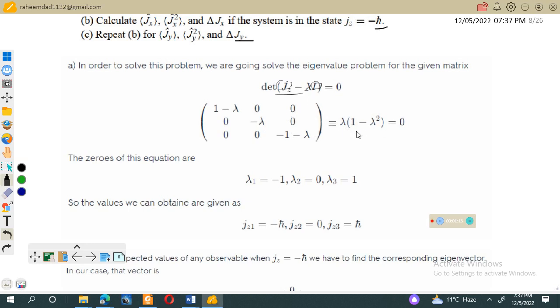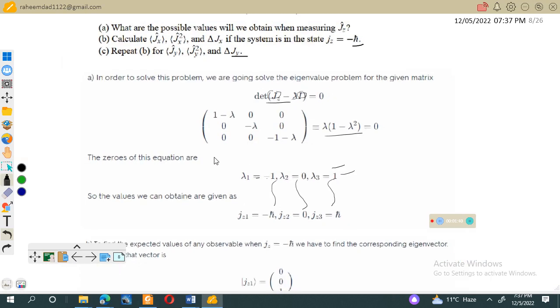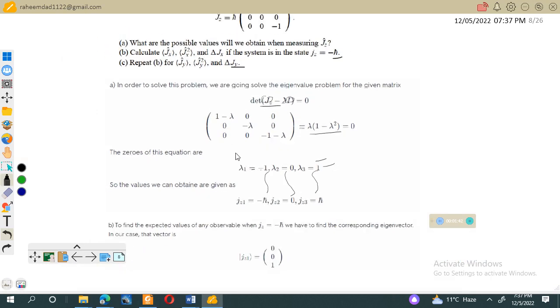So this will give us eigenvalues lambda equal to minus 1, 0 and 1. So the values we can obtain are given as lambda is equal to minus h cut, similarly 0 and h cut. Okay, these are the possible values that we obtained.